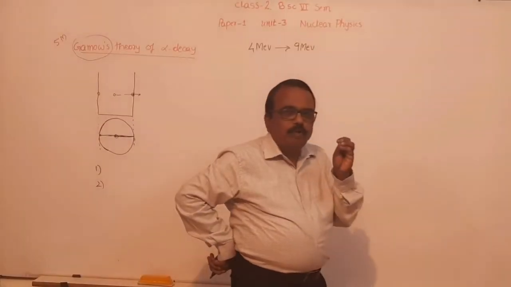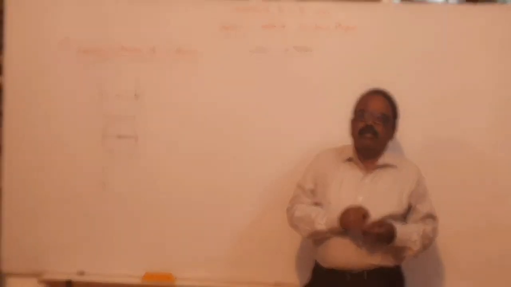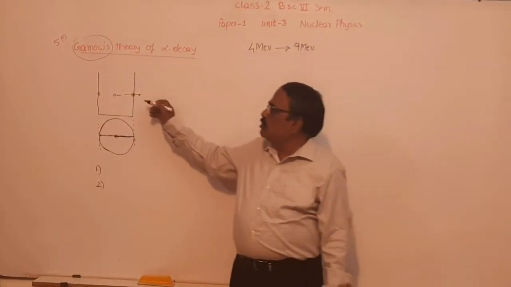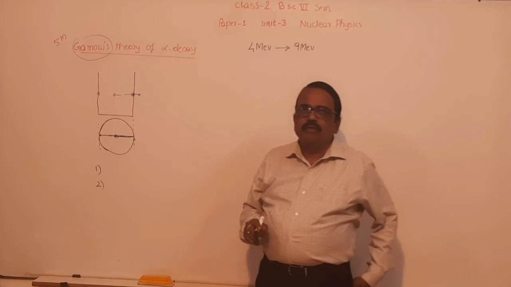Second, the alpha particle moves with a constant velocity and moves forth and back. So during each collision, there is a probability that the alpha particle may escape through this tunnel.